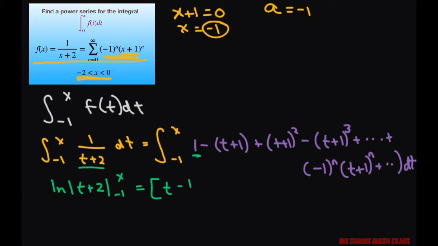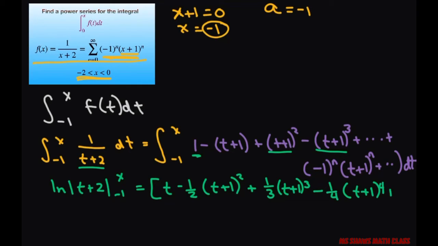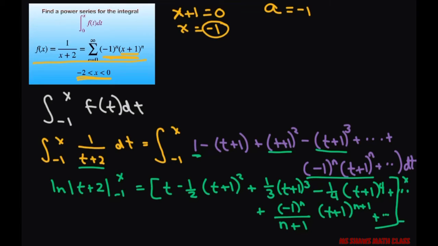Then we're going to get -1/2 (t plus 1) squared, plus 1/3 (t plus 1) cubed, minus 1/4 (t plus 1) to the 4th, plus, and then for this piece, plus (-1) to the nth power divided by n plus 1 times (t plus 1) to the n plus 1, plus and so on, and we're integrating this from -1 to x.